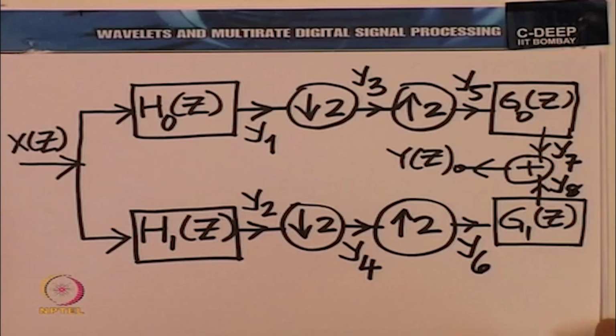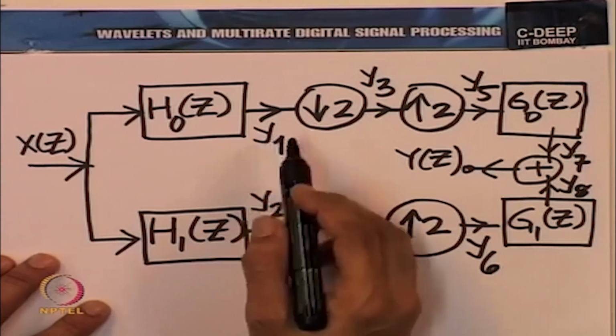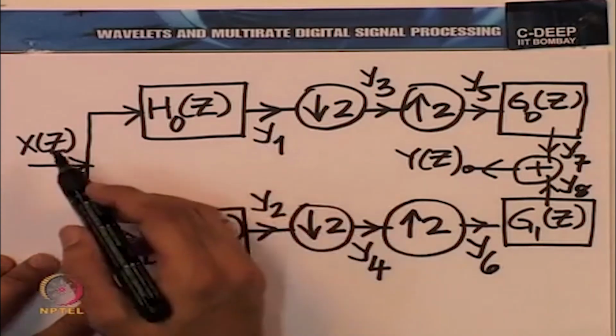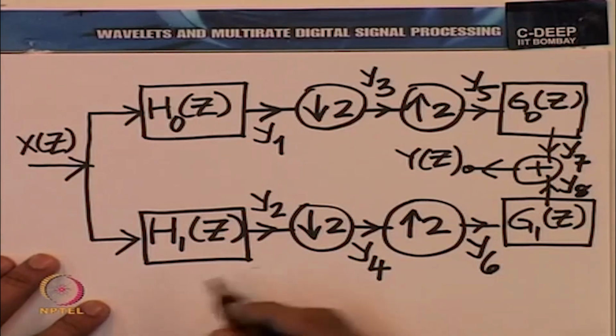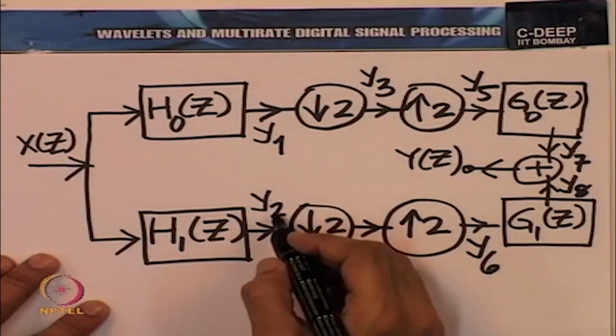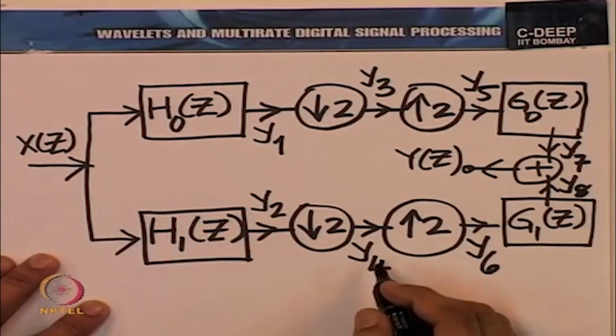So, with this then, let me write down the expressions for each of these. So, let us begin with y1. Y1 is easy and so is y2. In fact, if we look at the Z domain relationships, Y1(z) is simply X(z) times H0(z). And similarly, Y2(z) is simply X(z) times H1(z).